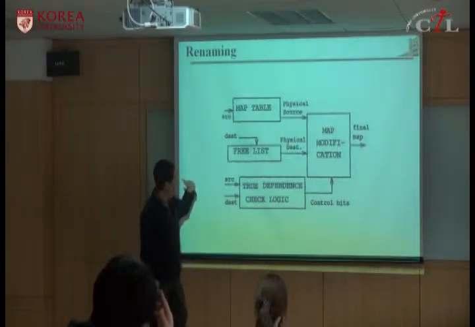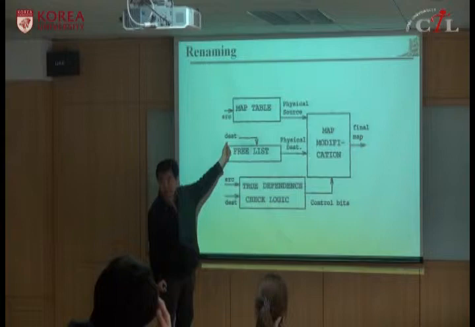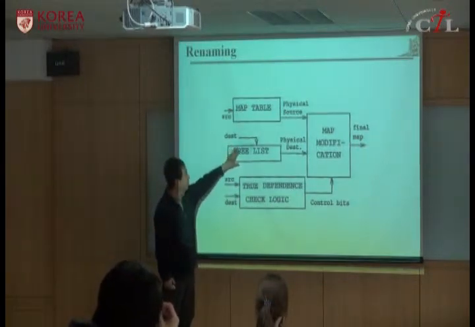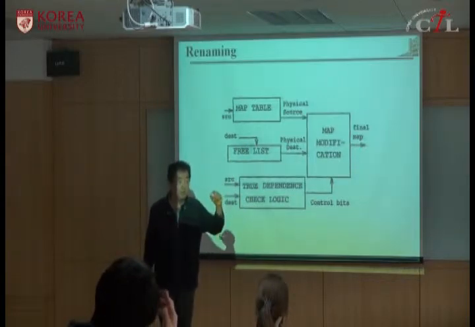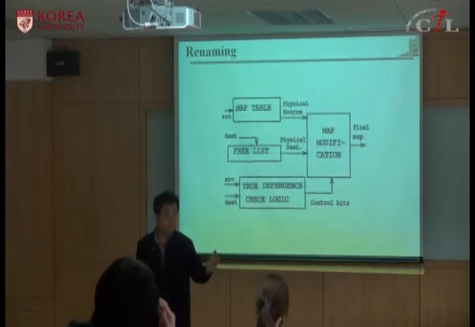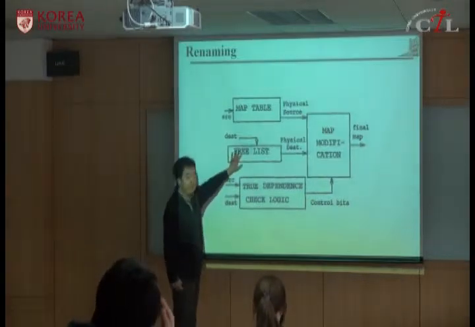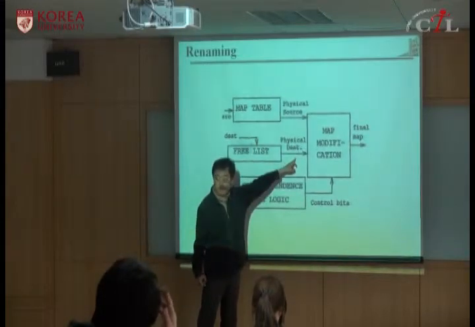Every time a new instruction comes into the rename stage, you look at the destination number. Okay? For each destination, you allocate from the free list. The free list contains a list of free available physical registers. You select one because it's free, and you assign a new physical destination for the logical destination.